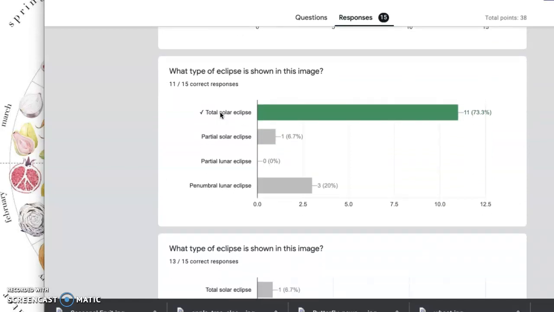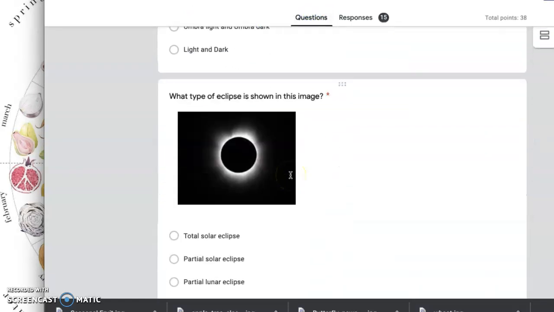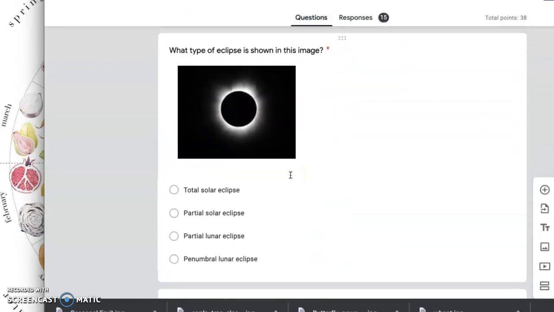Okay, this question here, what type of eclipse is shown in this image? And the image was, one moment, this one here. Okay, remember that this is a total eclipse, and you could tell that because you don't see the moon off to the side or blocking only a part of the sun. It's directly in front, covering almost the entirety of the sun.